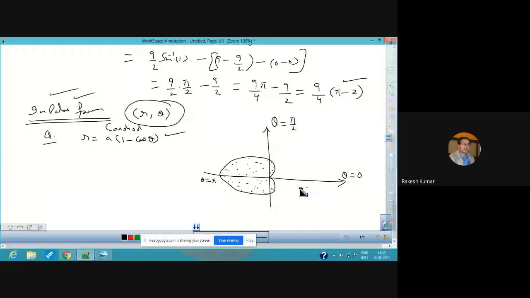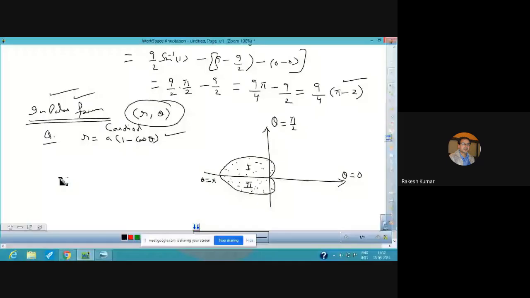Symmetrical means the area above the horizontal axis is the same as the area below the horizontal axis. It means the areas denoted by part 1 and part 2 are the same. So when we want to find the required area, you can double it.